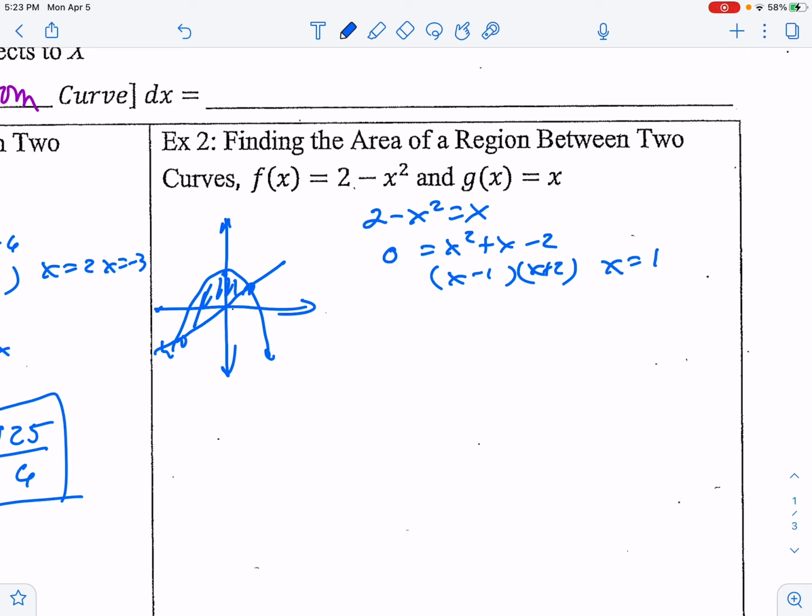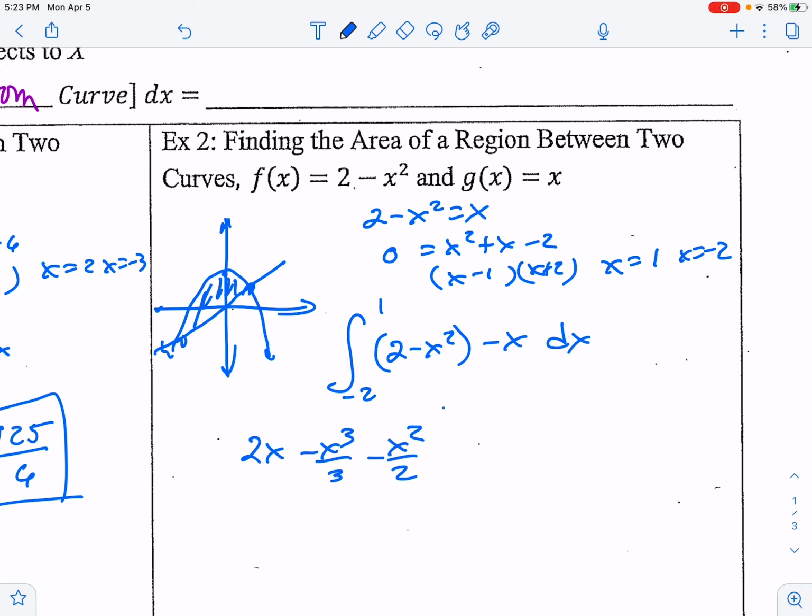So x equals 1 and x equals negative 2. Those are your bounds for integration. Negative 2 to 1. Top equation is 2 minus x squared minus the bottom. So again, you get 2x minus x cubed over 3 minus x squared over 2 from negative 2 to 1. You do the magic math and you end up with 9/2. Okay? Not hard. Fun stuff.